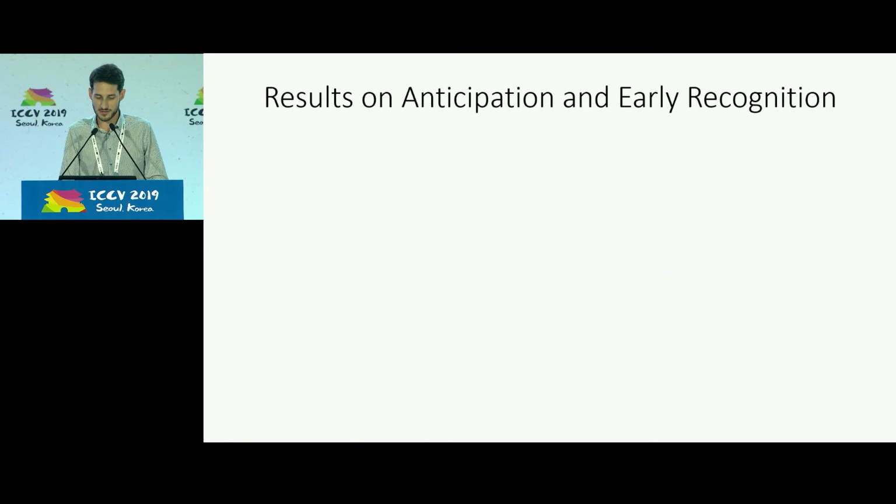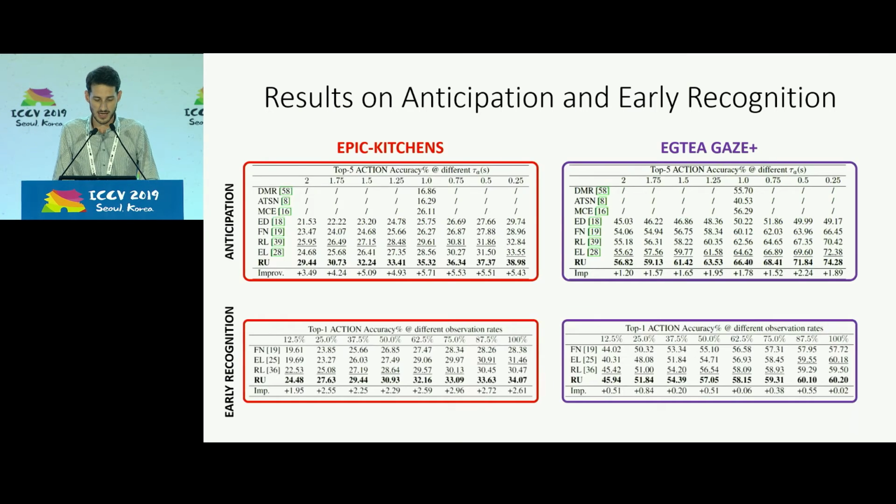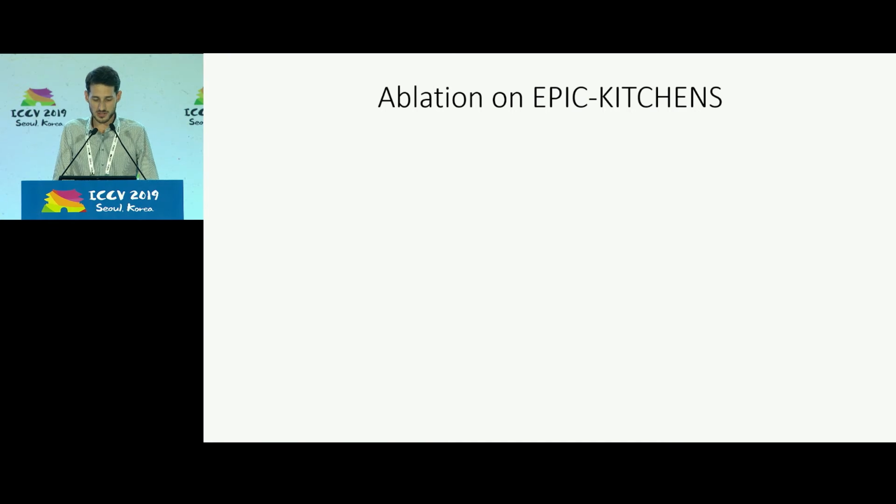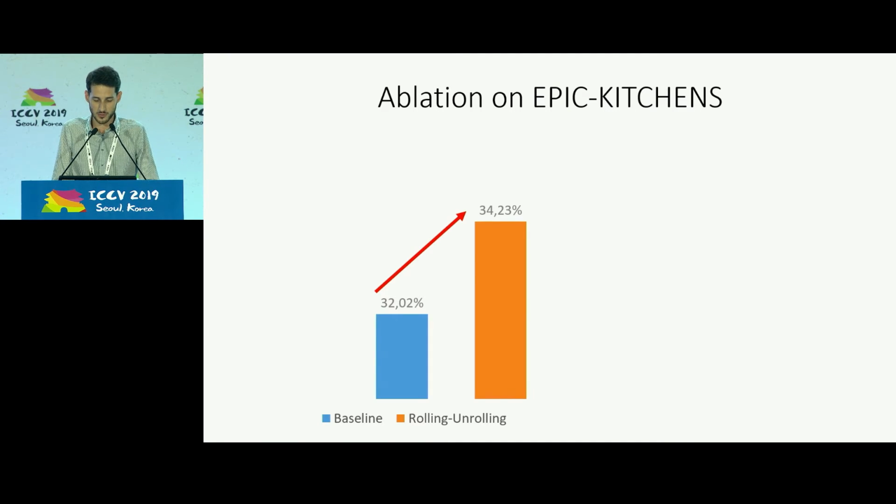We evaluate our method on two benchmark datasets of egocentric videos, Epic Kitchens and EGTEA Gaze+, on which we obtain state-of-the-art results on the tasks of action anticipation and early action recognition. This amounts to improvements of up to plus 5% on Epic Kitchens. Ablation on Epic Kitchens shows that the proposed rolling LSTM improves over a single LSTM baseline.